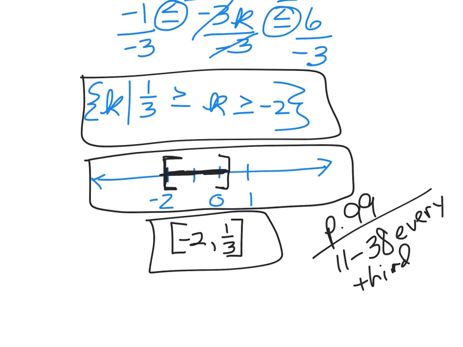Then maybe 47 and 49. I'm going to give you an application problem. We didn't do one like that in this section, but you can try it, and if you have trouble with it, you can ask about it next time. Give it a try and see what happens. What's the worst that can happen? You get it wrong, whoop-de-doo. Okay, 11 through 38 every third, 47, 49, 65.